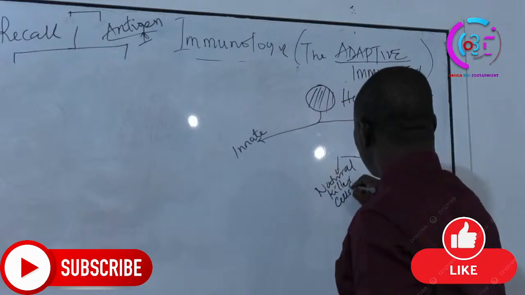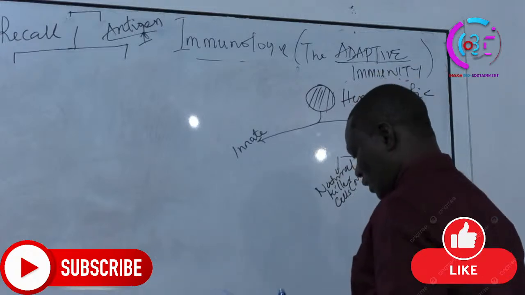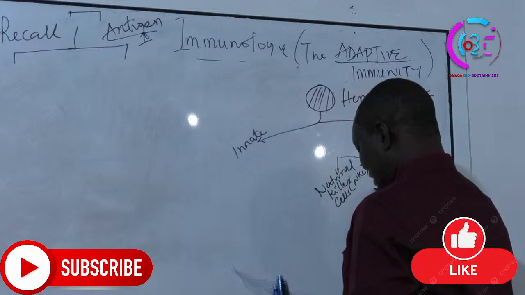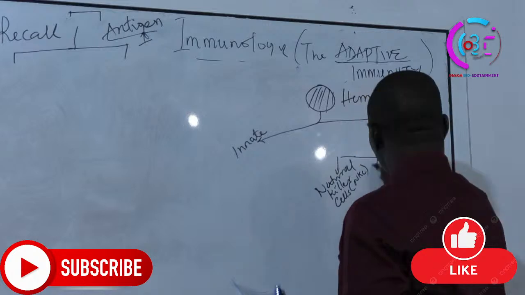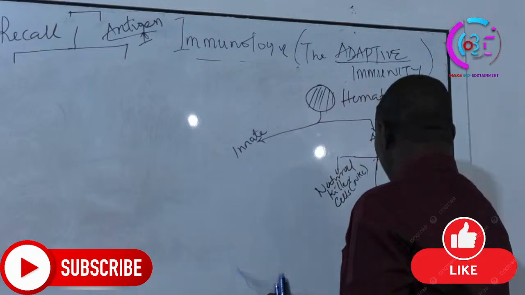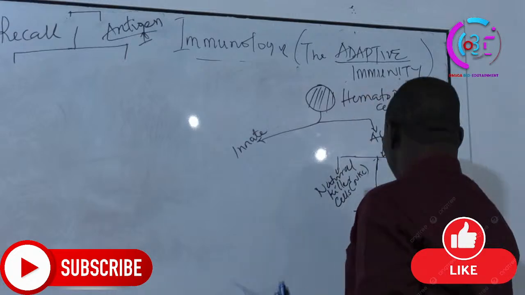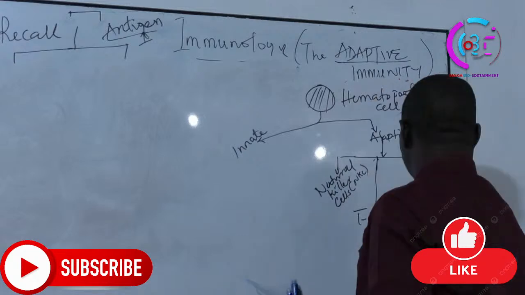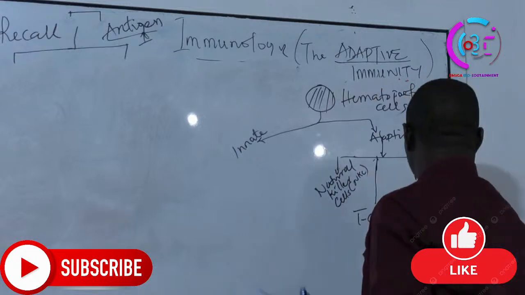The second aspect is the T cells. Then the last aspect is the B cells.